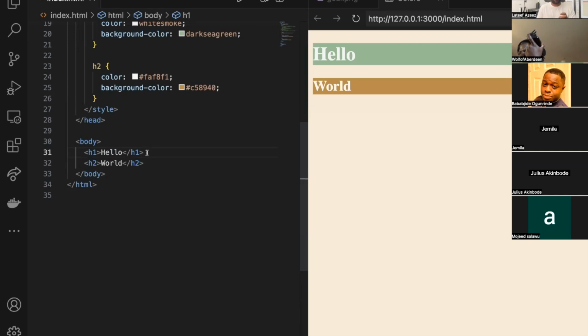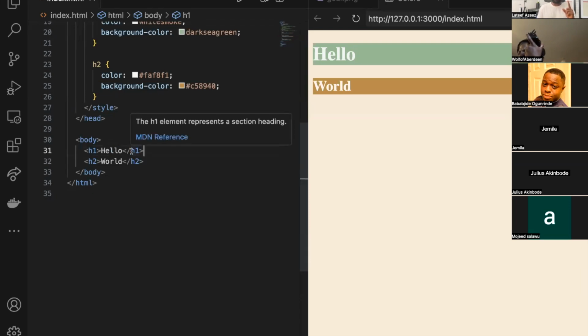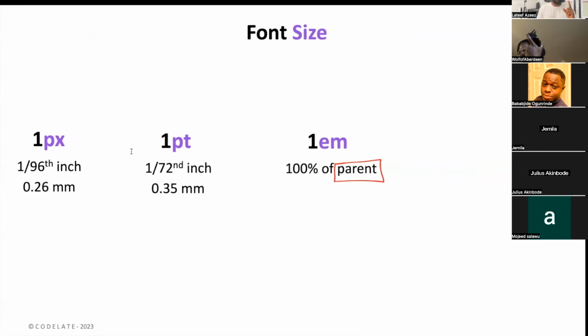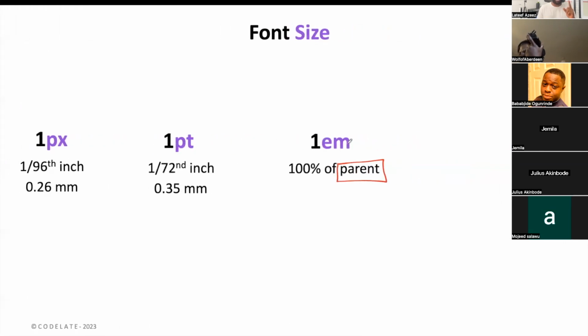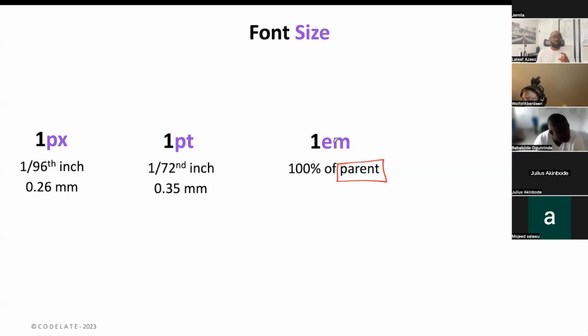The actual size of the H1 element would be 3 times 20. That's 60 pixels. Because at the end of the day, whatever type of sizing you use, whether pixel, point, EM or any other type, everything will default back to pixel behind the scenes. The browser would only use pixel to represent stuff.